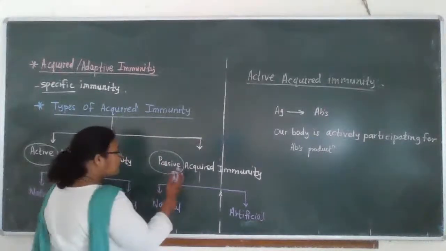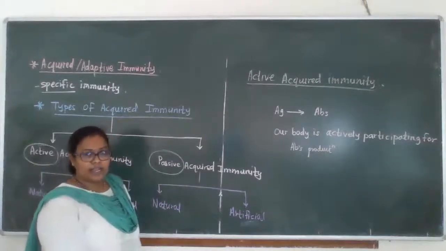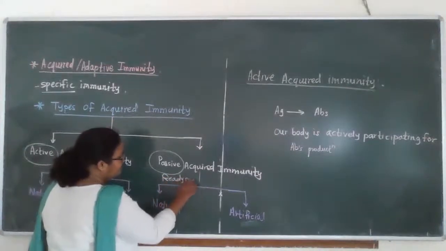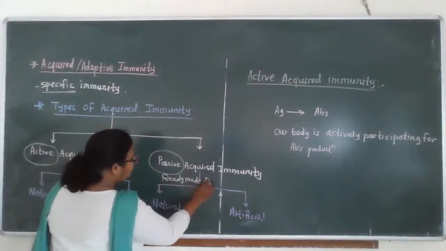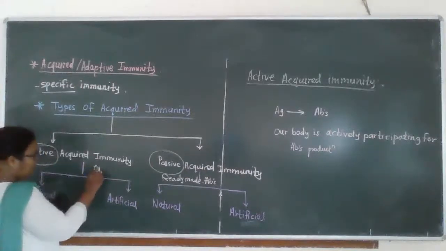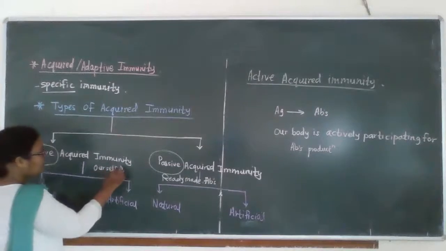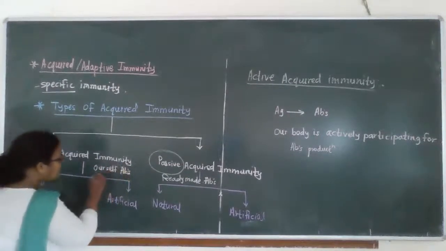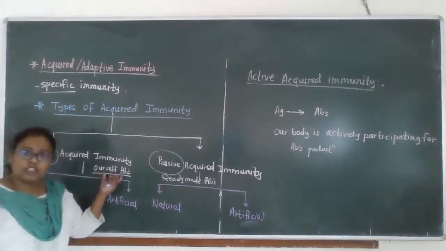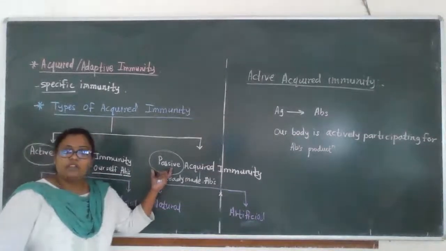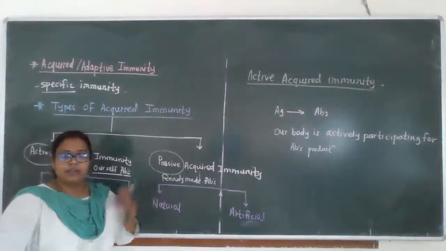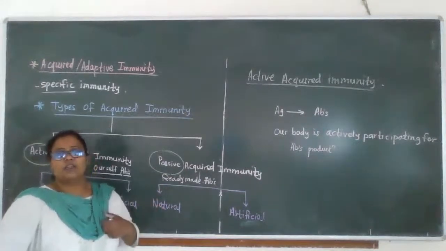That means the antibodies are produced by another organism and we take them in ready-made. In active acquired immunity we ourselves participate in producing antibodies, while in passive, the antibodies are produced by another individual and we just pick them up and insert them into our body.